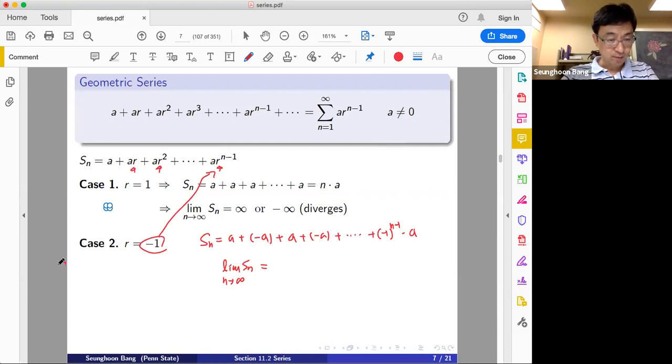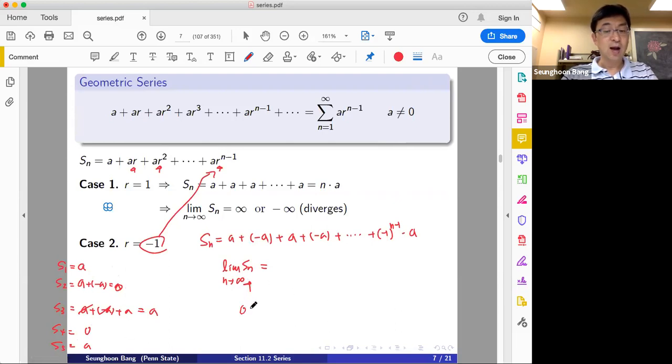What is S1? S1 is a. What is S2? S2 is a plus minus a, sorry, 0. What is S3? S3 is a plus negative a plus a, so it is a. What is S4? Keep going, we have 0. S5 is a. So a, 0, a, 0, a.